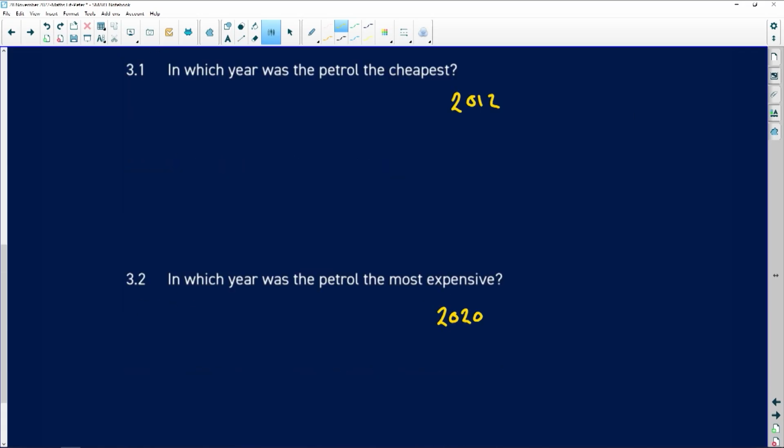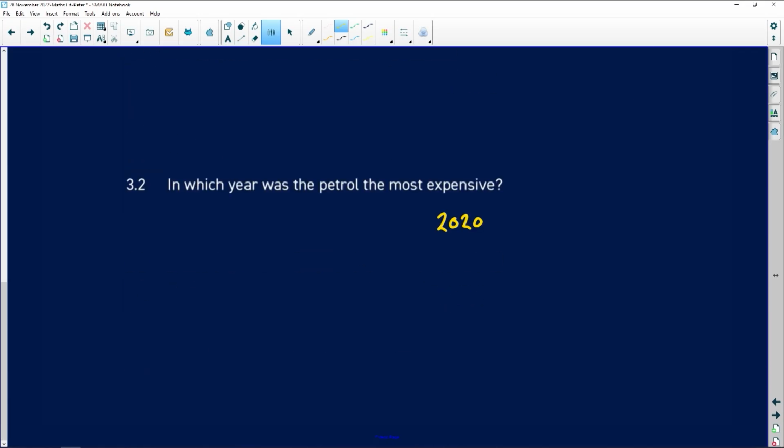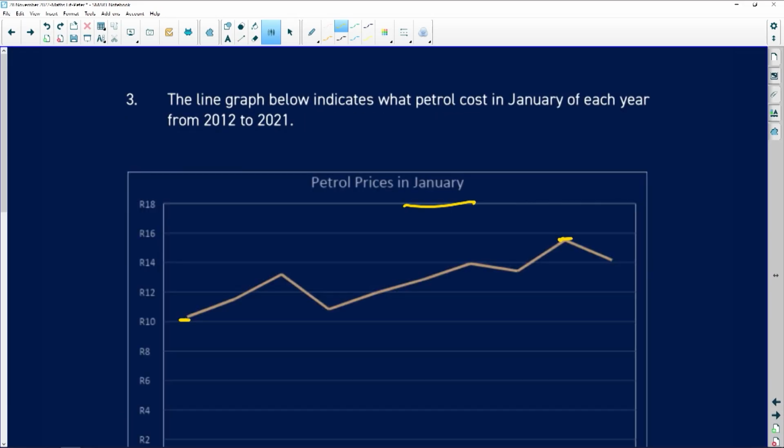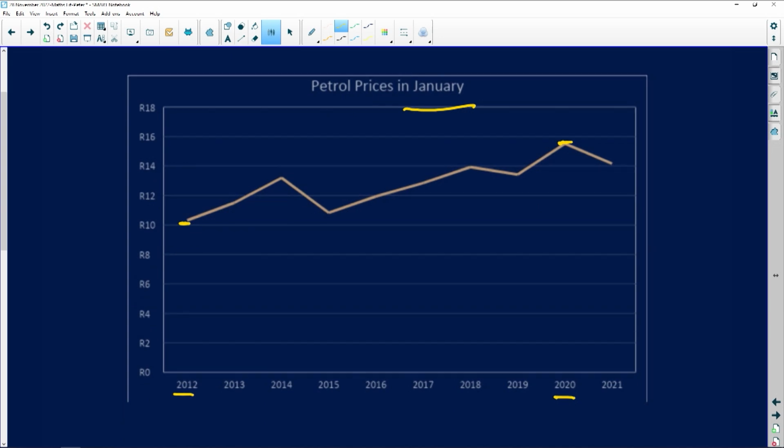All right. So now let's have a look at an example where they're probably going to ask us, in fact, they're still asking us a question: what was the price of petrol in January 2018? So we go to 2018, here it is over here, and I'm going to get a little ruler. 2018 is probably that line over there.